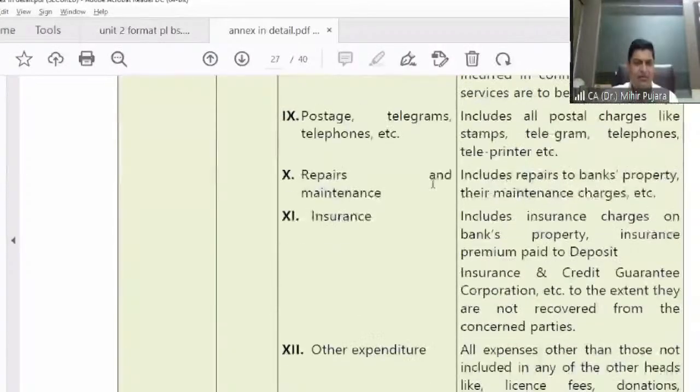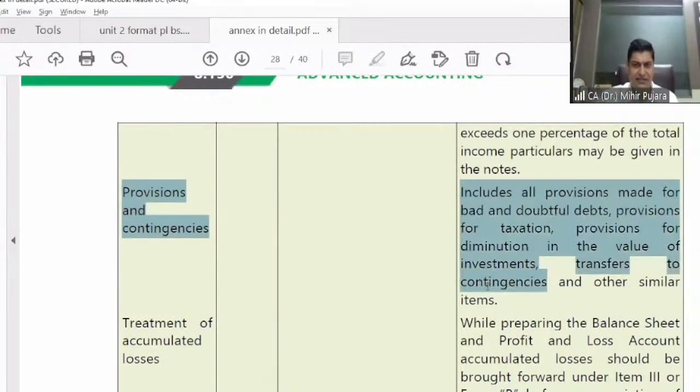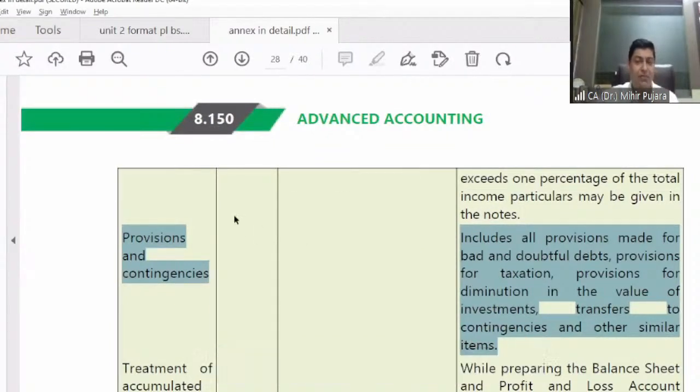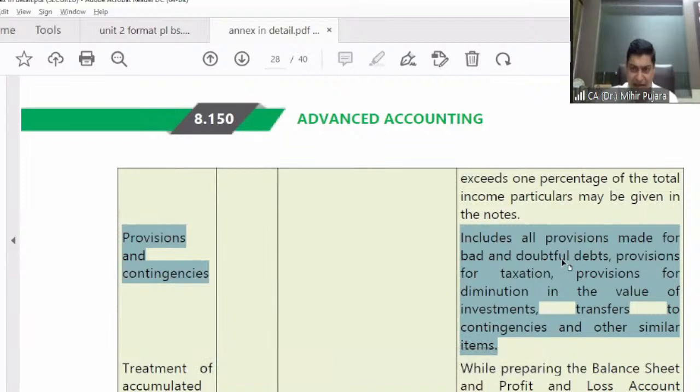And now important, on page number 8.150, provisions and contingencies: what we have to write includes all provisions made for bad and doubtful debts, that is NPA, taxation provision, and diminution in the value of investments and contingencies.